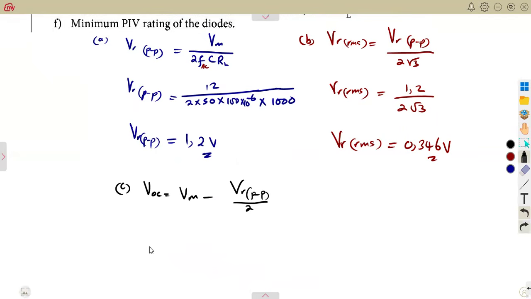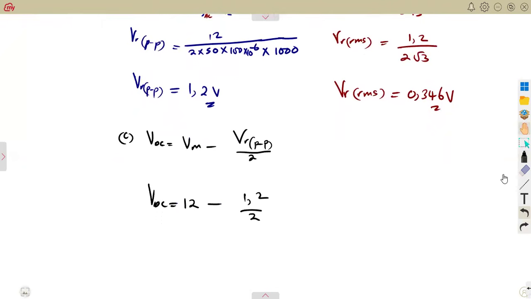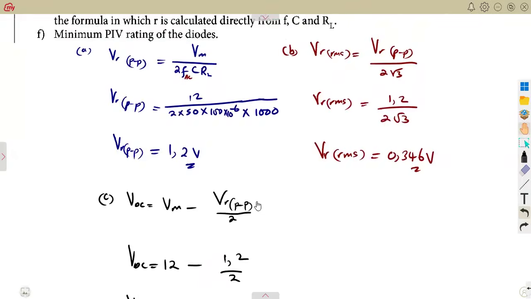So you're just going to substitute. That gives us the DC output, VDC, our VM which is 12, minus the peak to peak 1,2 over 2. That gives us 11,4 volts.